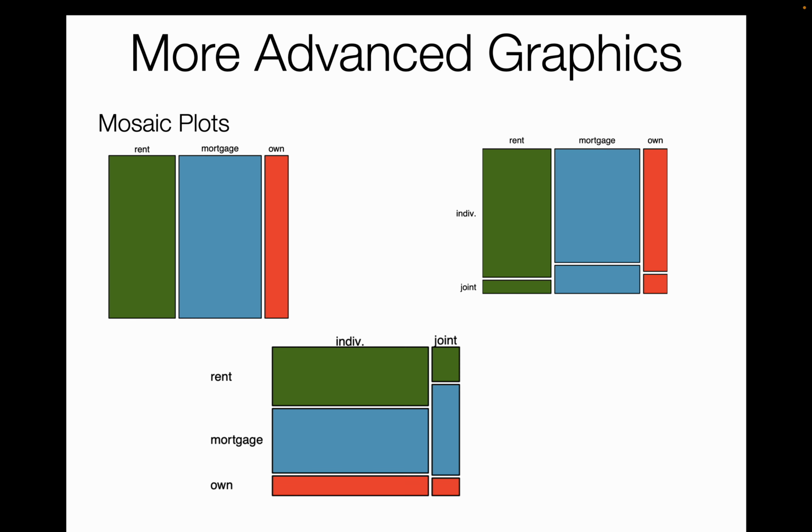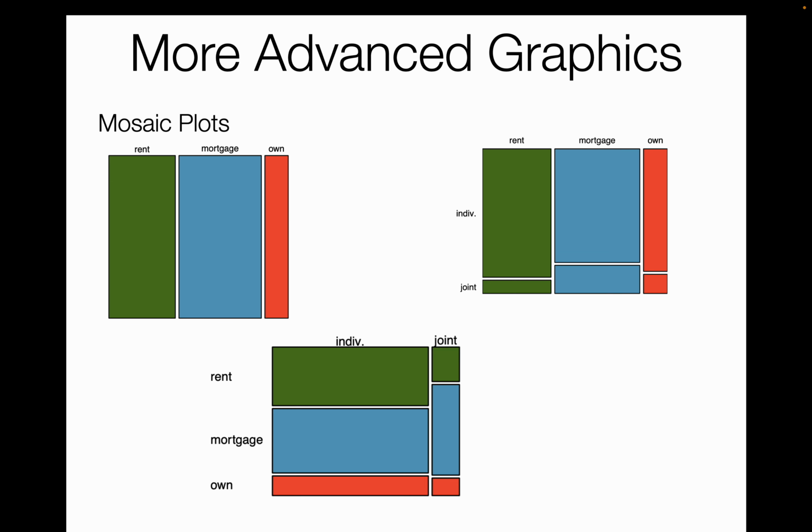The last one that we're going to look at, I know this is a little long of a video, but this is the last slide. These are called mosaic plots. They look interesting, and they are pretty interesting. They are, again, maybe even more visual representations of a contingency table. The different colors represent the different types of ownership: rent, mortgage, own.